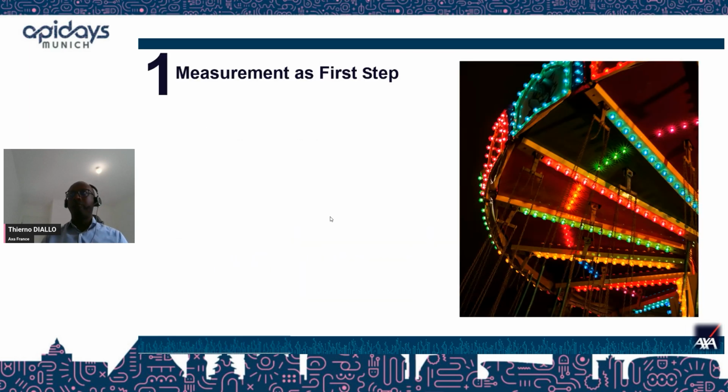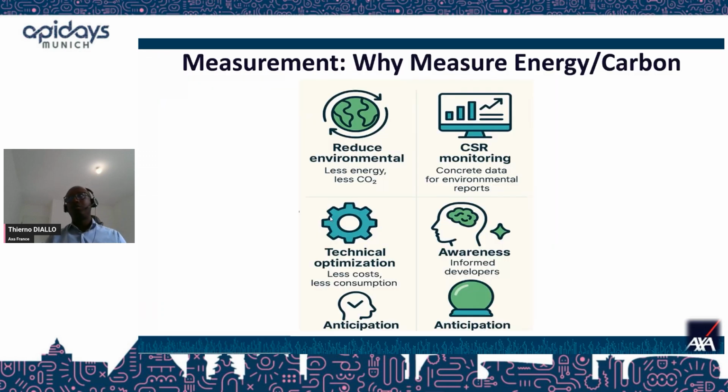So first of all, as I said just before, the first step of all the things that we are doing is measurement. We have to measure anything that we should do and that we have done in order to see if we are improving anything or not. First, what to measure: the energy efficiency or the carbon efficiency of our API.